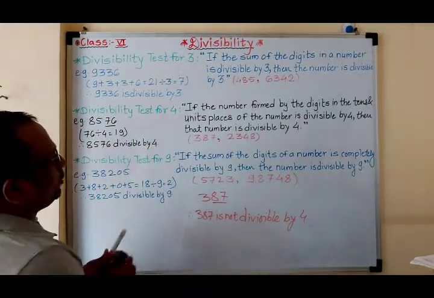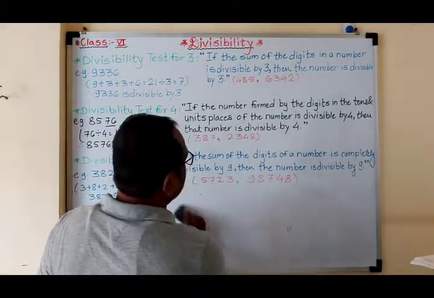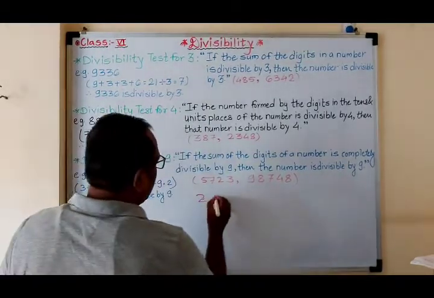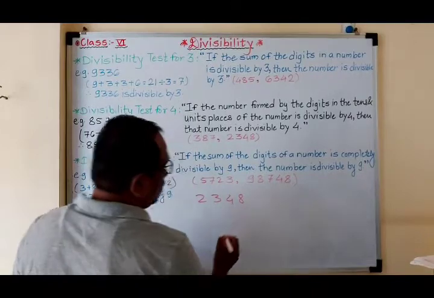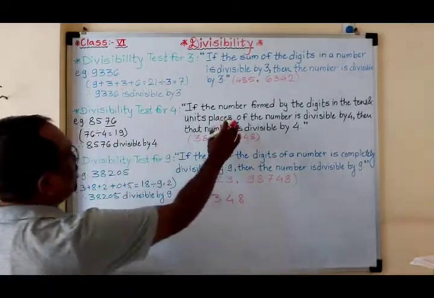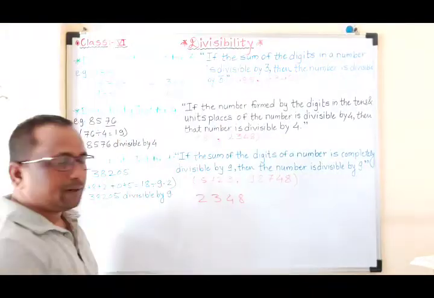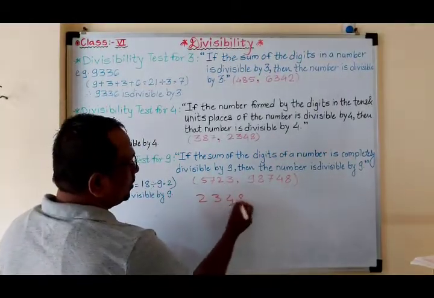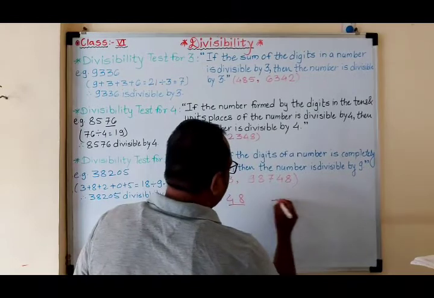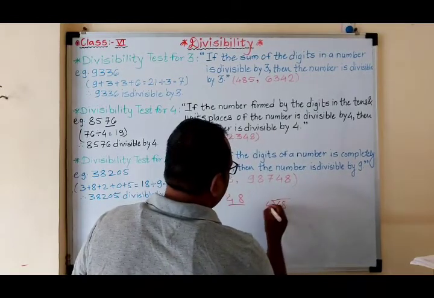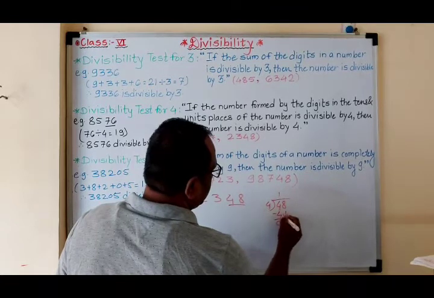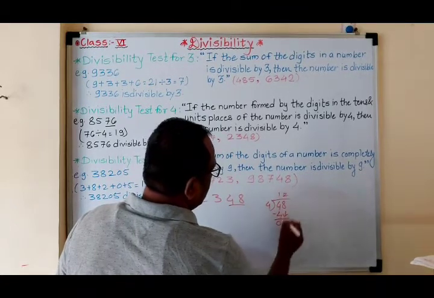Okay. One more example we'll see, that is 2348. So according to the divisibility test of 4, we'll consider the tens place and unit place. Okay, so the number is 48. So I have to divide 48 by 4. 4 ones are 4. 0, bring this 8 down. 4 twos are 8.